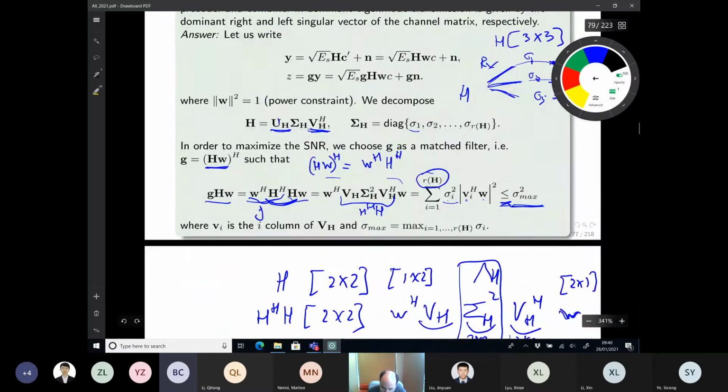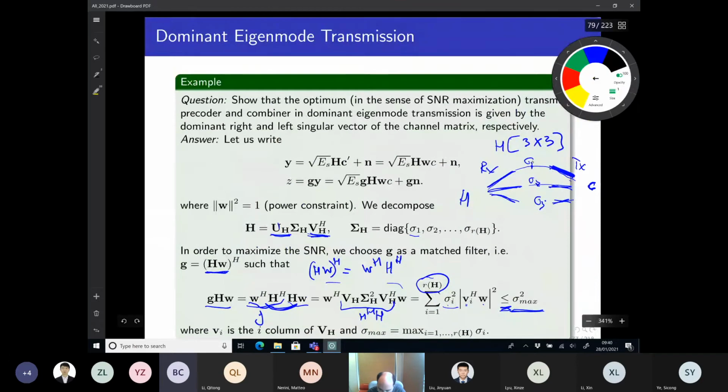Imagine that I have three singular values, but one of them is equal to 0. That means actually I cannot use that virtual path because the gain will be equal to 0. If I transmit anything along this path, because that singular value is equal to 0, I will lose that information, right? It will never appear at the receiver. I'm going to have 0 at the receiver, just noise, right?